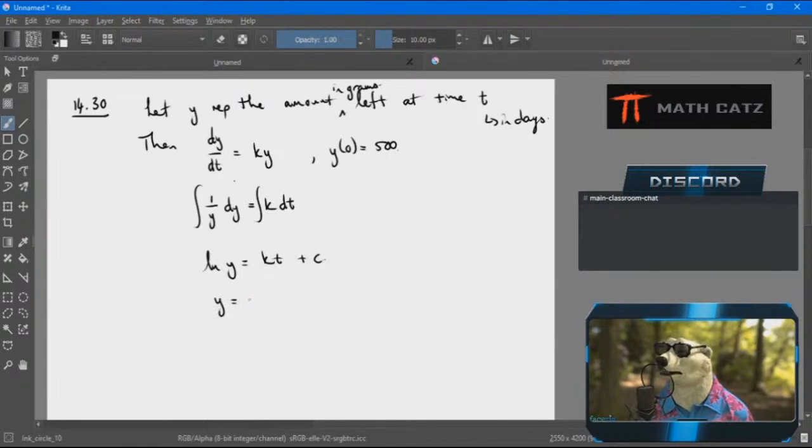Then I solve for y, and I write it with a more convenient integration constant instead of e to the c.